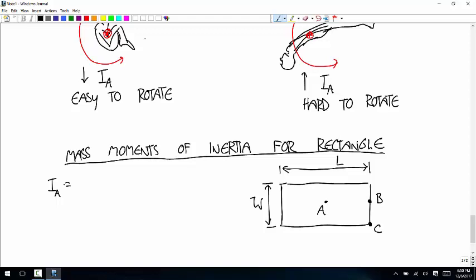So the mass moment of inertia about the center is 1/12 times the mass of the rectangle times the quantity L squared plus W squared.